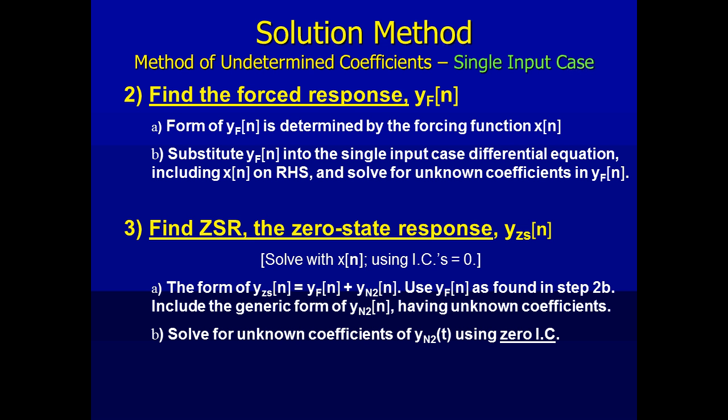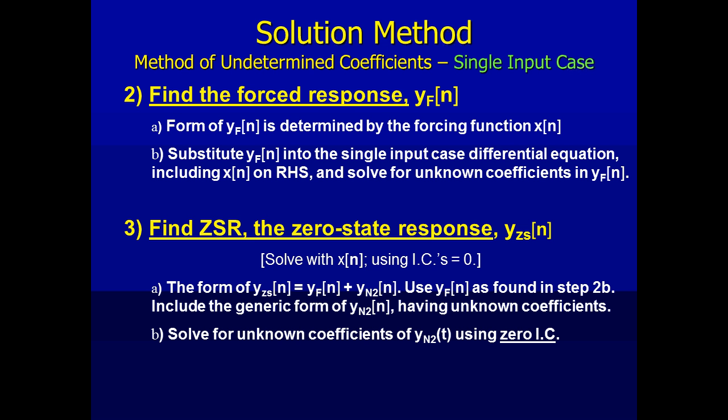It turns out the zero input response is going to be the same for these two, because the only thing I changed was input terms. I didn't change anything on the y side, anything related to the system dynamics. So when I found this answer, that's applicable to both of these.